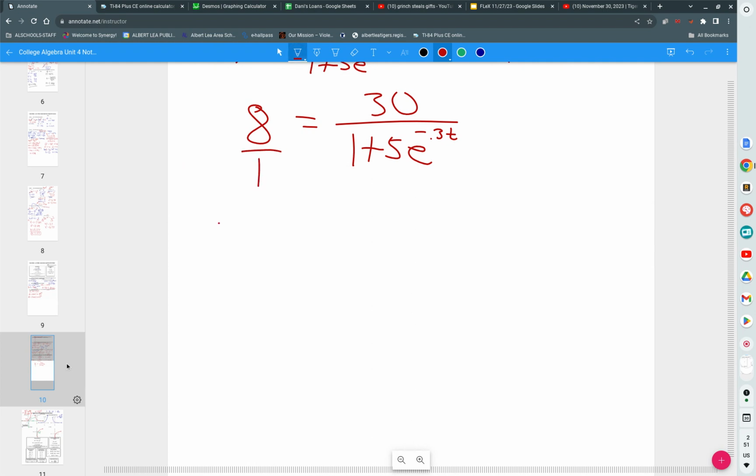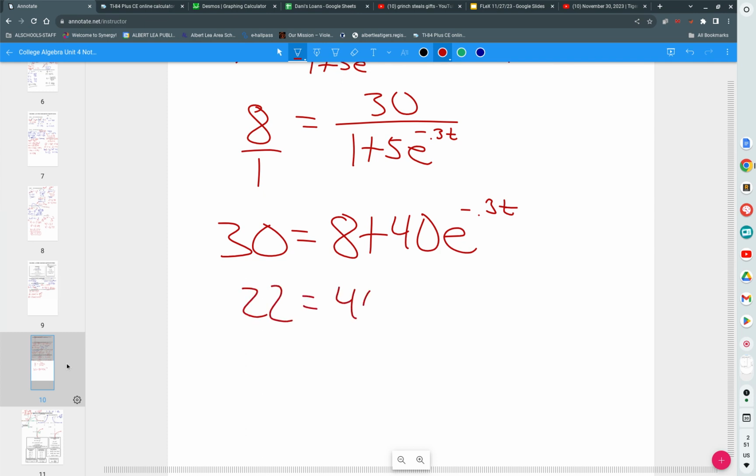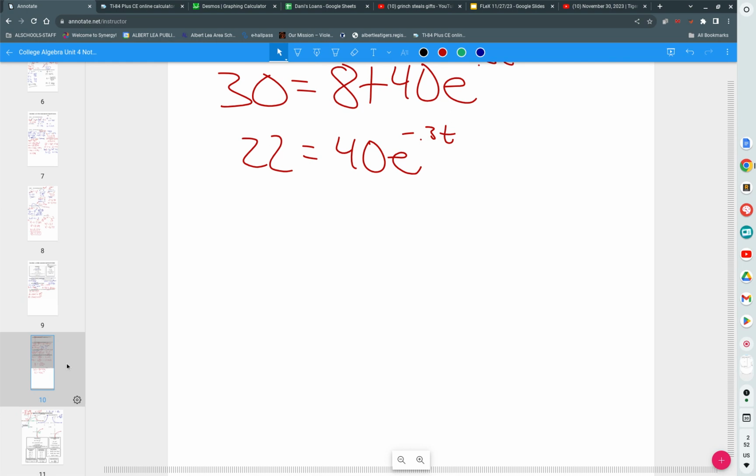Okay, I cross multiply, I get 30 is equal to 8 plus 40e to the negative 0.3t. I subtract 8, I get 22. I divide by 40 and I get 0.55.